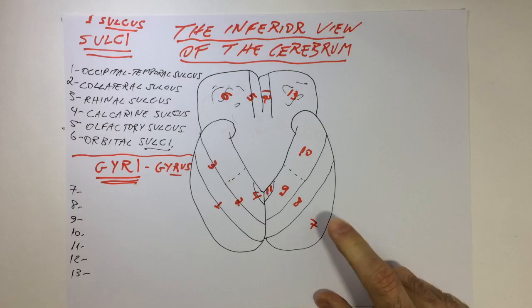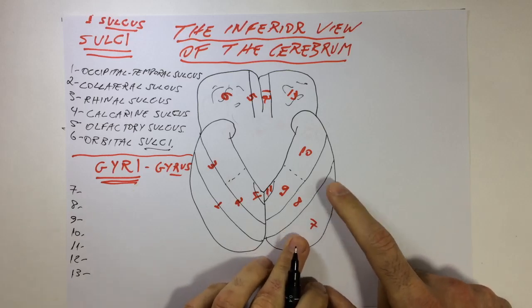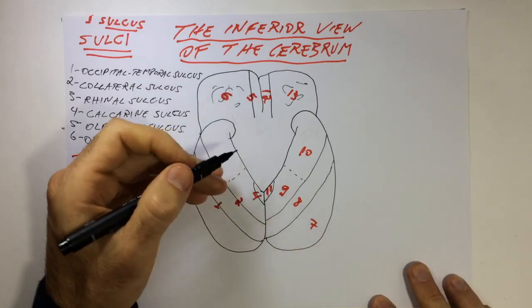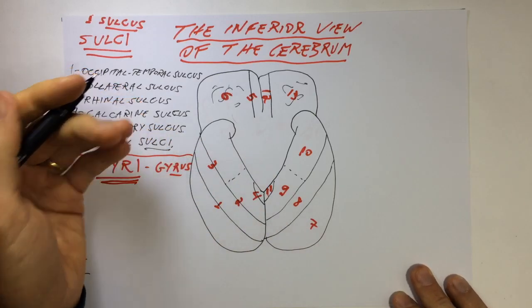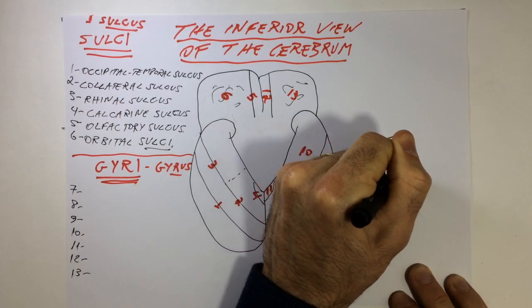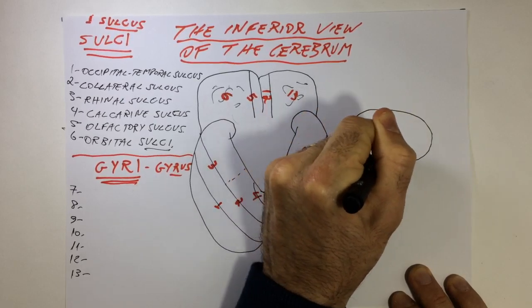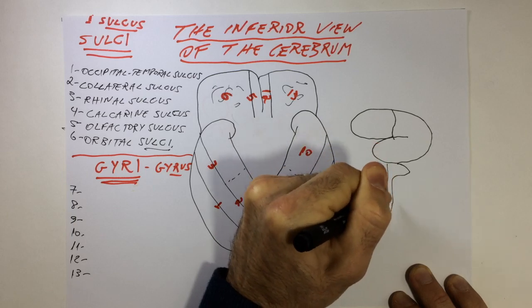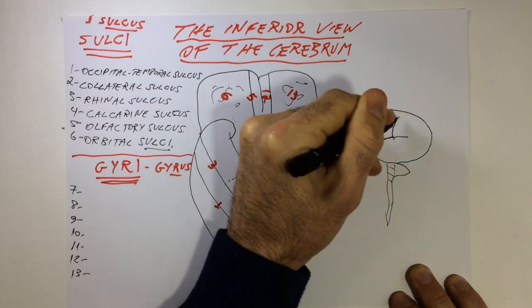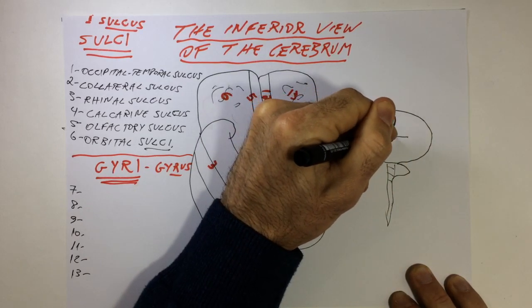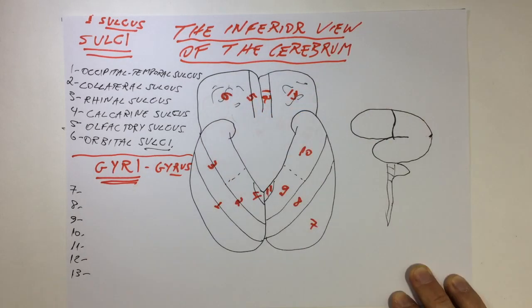All right. So this one here is actually the same gyrus that we can see when we analyze the lateral view of the cerebrum. If we remember the lateral view that we saw on the previous video, here we have the central sulcus, lateral sulcus, parahippocampal sulcus, preoccipital notch.